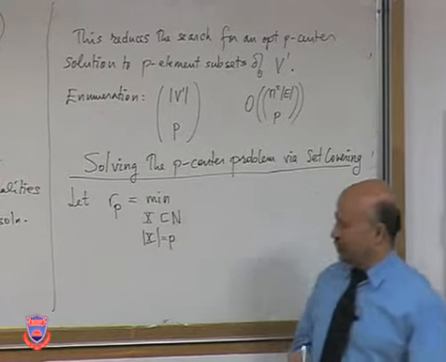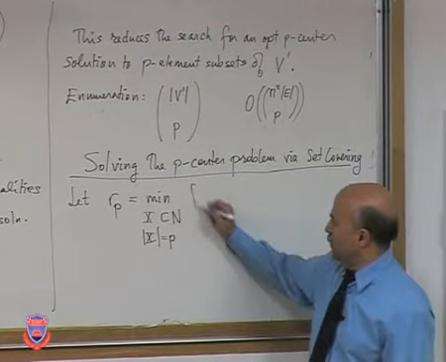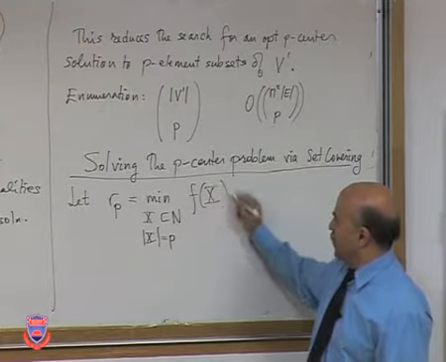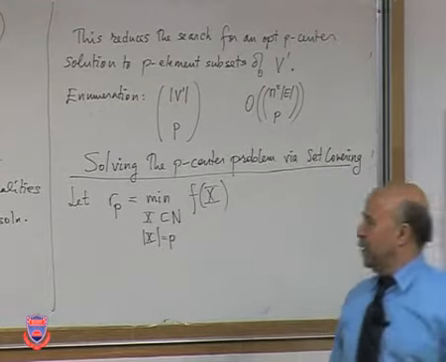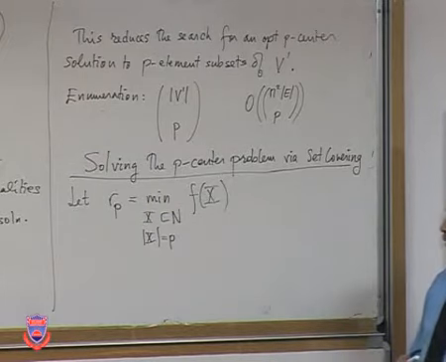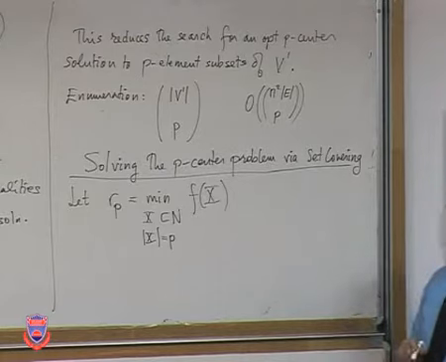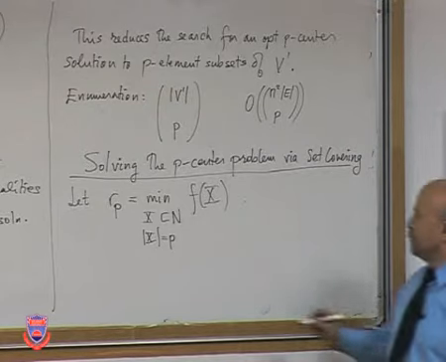Let's just keep it the way it is. Rp is the minimum objective value of the worst case weighted distance, of the minimization of f of x. Rp is certainly a positive number, unless p equals n, in which case it's 0.